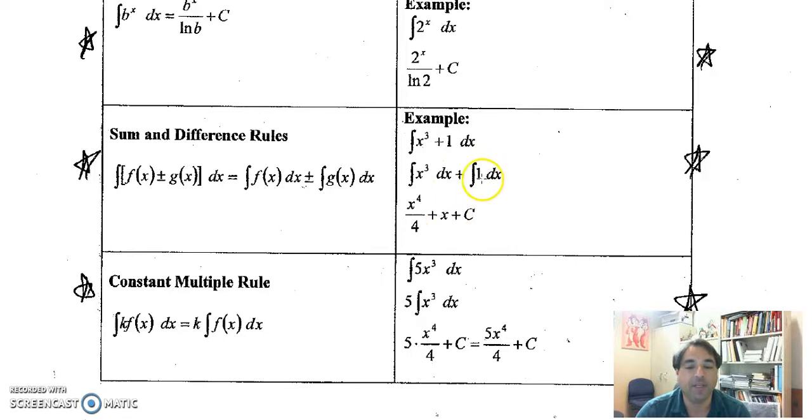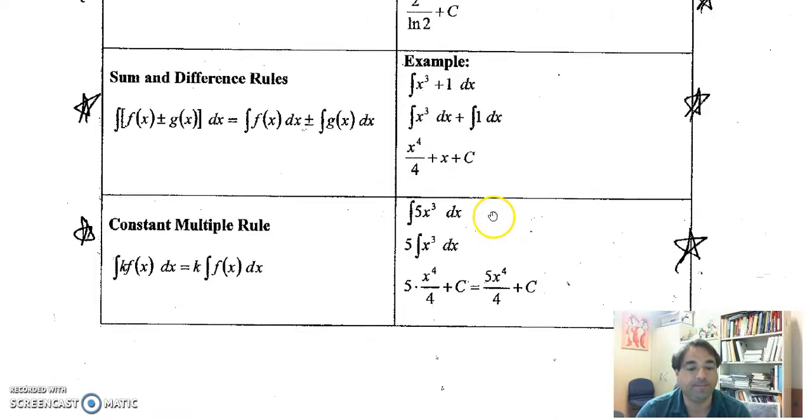Let's talk about why. This is a 1, but if it had a variable, it would be x to the 0. And if I added 1, 0 plus 1 is 1, divided by it, I'd have x to the first over 1, which is x, 1x. Don't forget your plus c.